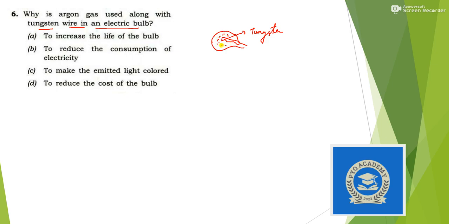So argon gas was used for increasing the shelf life. So our answer is option A, to increase the life of a bulb. Argon is used to increase the life of a bulb. Let's move to the next question.